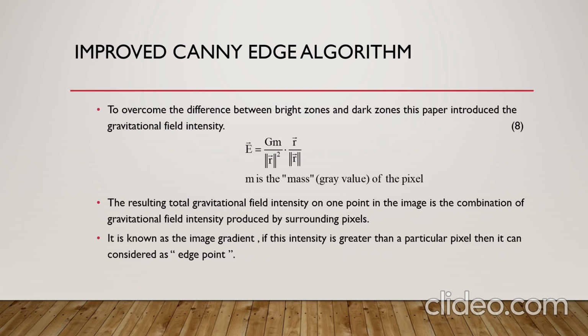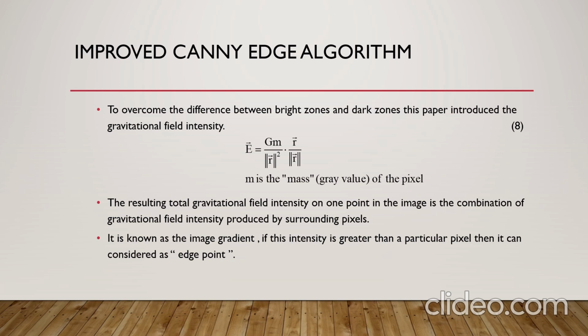The gravitational force on a point in dark zone is smaller than the gravitational force in brighter zone, even though they have the same gradient. So it have a less relevance to the gradient changes in dark zone, which results loss of weak edge information.